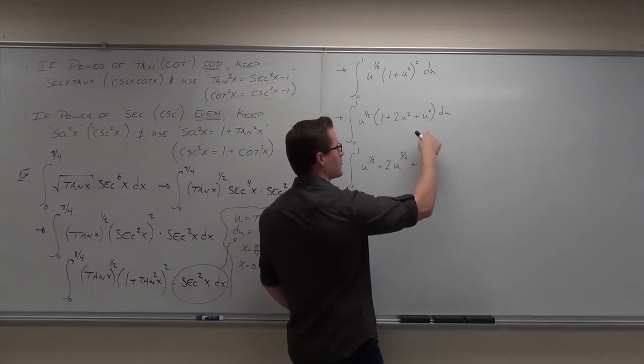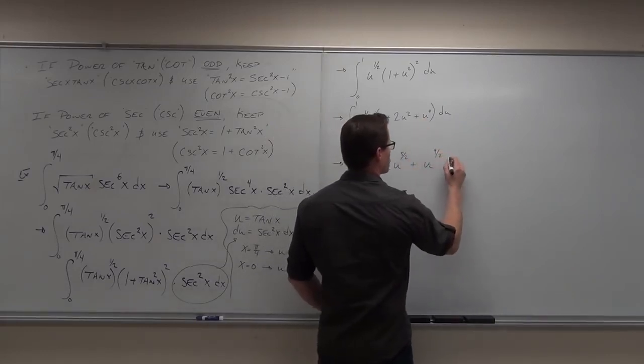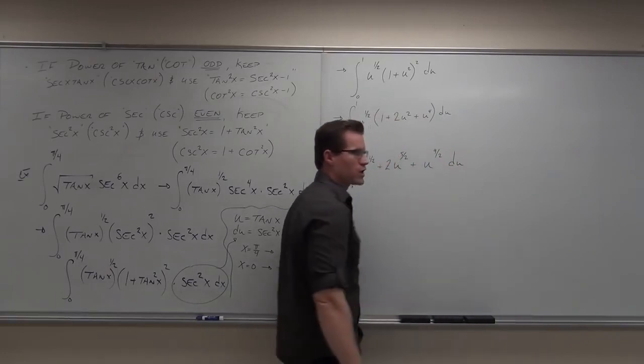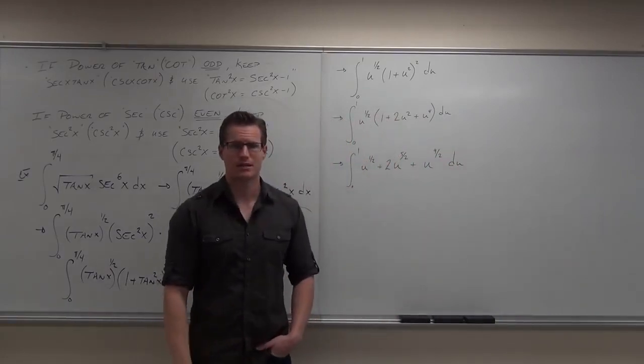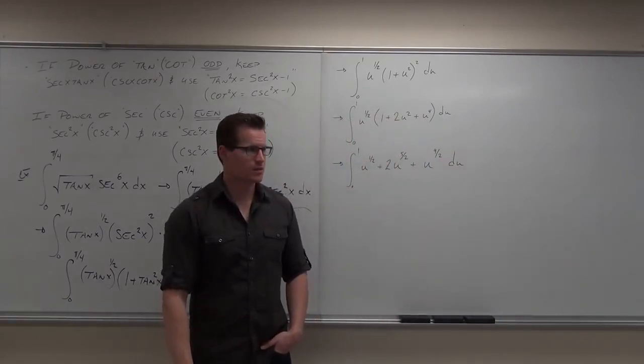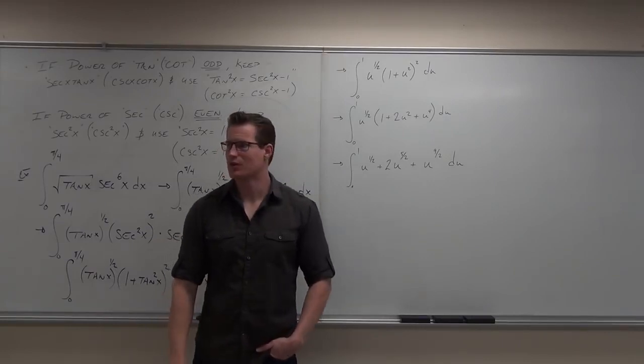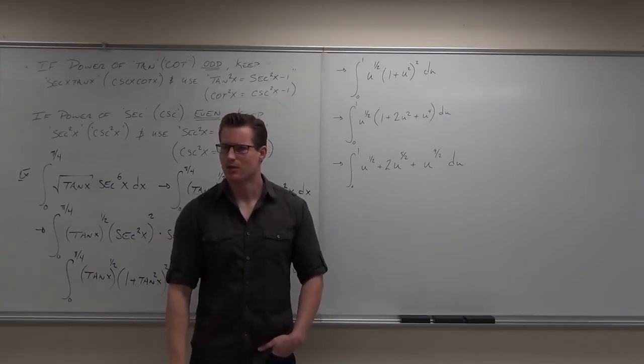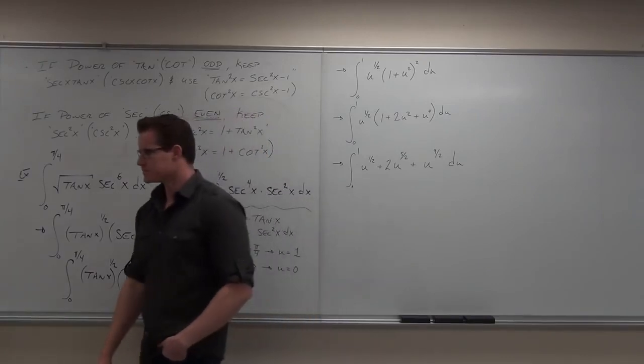It's going to be 8 halves, 9 halves. Let me get a work check from you. Did you distribute the same that I did? You get the same thing I did? Good. Fractions, use your calculator if you have to. I hope that you don't, but make sure your fractions are correct.